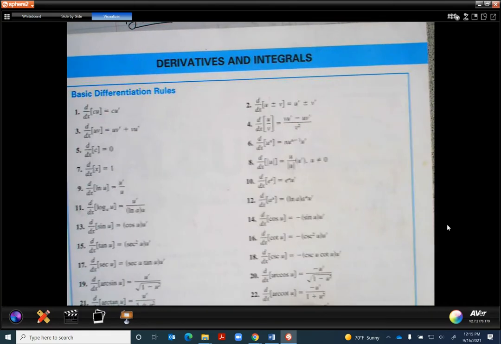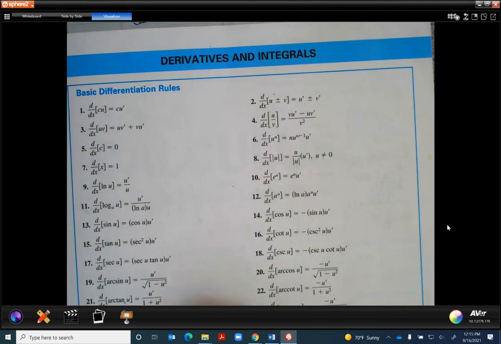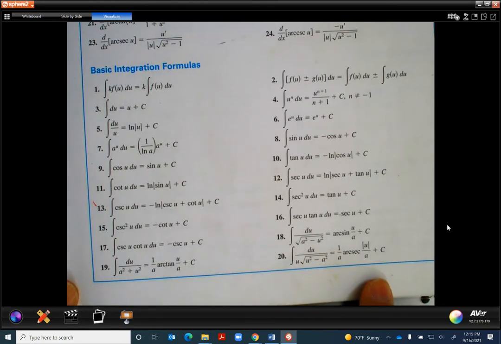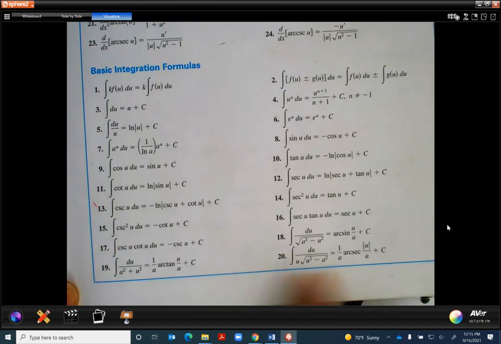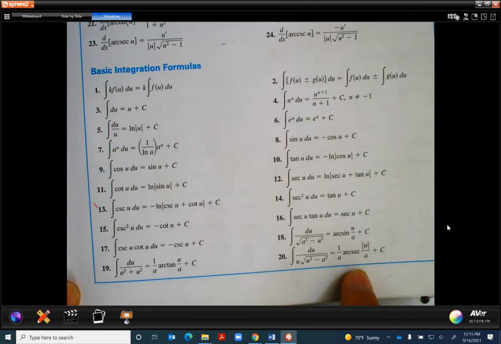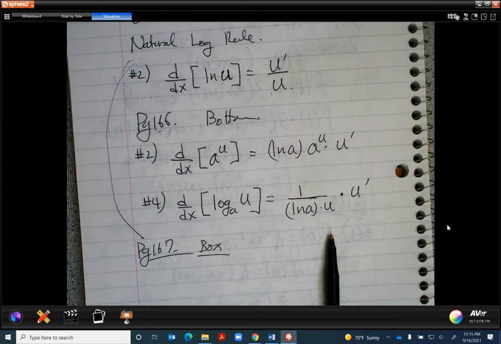Do you see all the derivative rules on the top? 24 of them? For this class, we need to memorize all 24 of them. And then do you see the integral formulas, which we're going to cover in chapter 4? Do you see those 20 formulas? We need to memorize all these 20 formulas. So we have a total of 44 formulas we need to memorize before your AP exam.